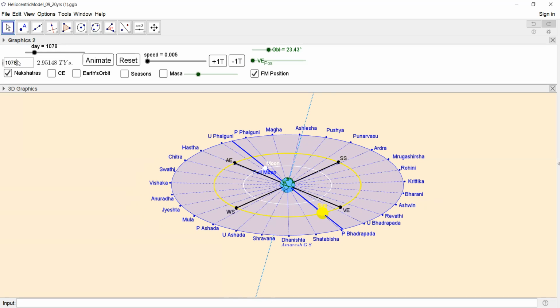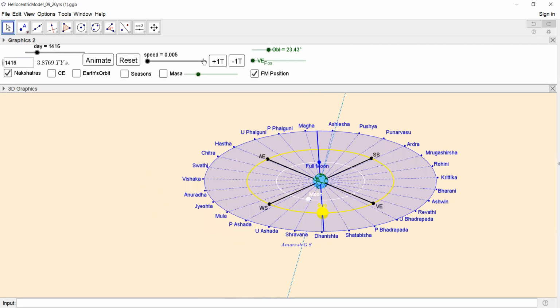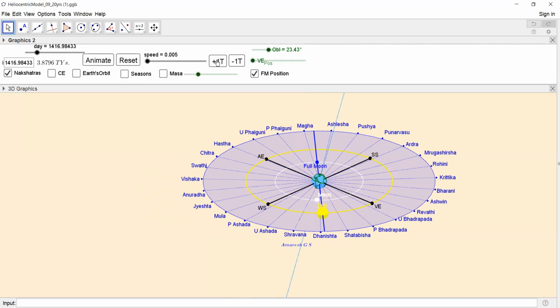Let's go to the end of year 4. This is the end of the lunar year. So 354 times 4 amounts to 1416 days. I'll make a small correction for that fractional part. And now this is the end of the 4th lunar year.